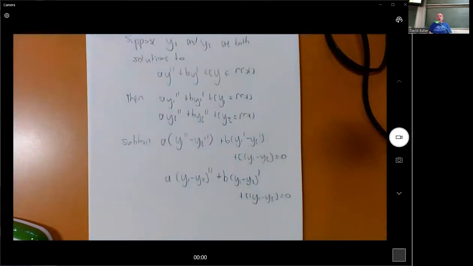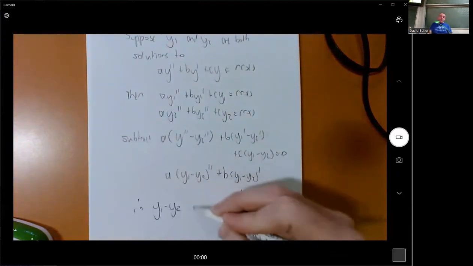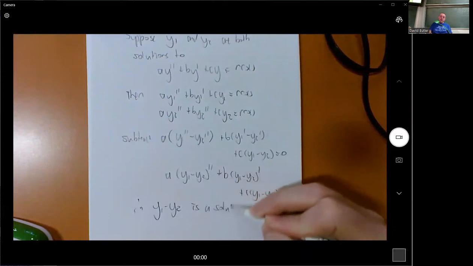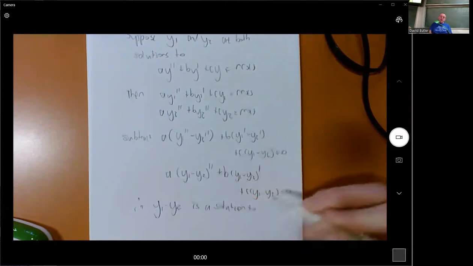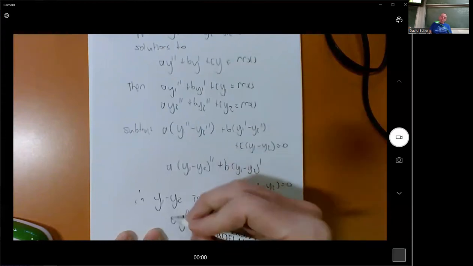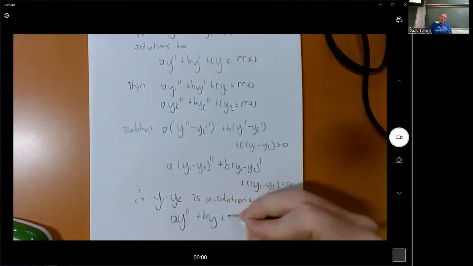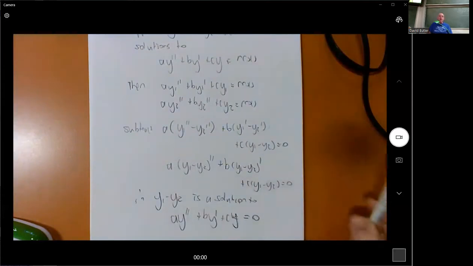And so what I've got is that, therefore, the function y1 minus y2 is a solution to ay double dash plus by dash plus cy equals 0.